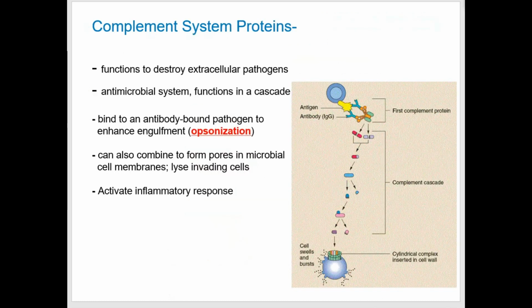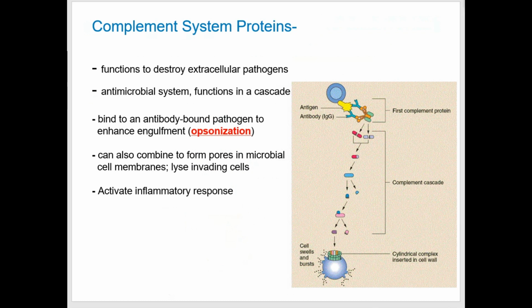Complement system proteins are a bunch of proteins that are present in your blood, and they are ready for immediate action as soon as they encounter the pathogen in the system. So they work in a cascade type of fashion.